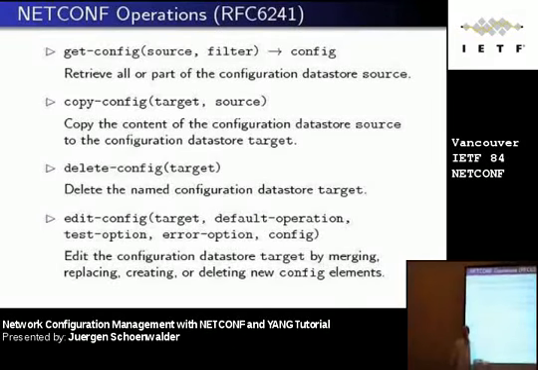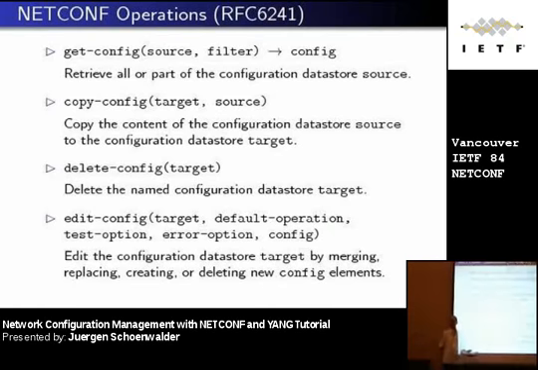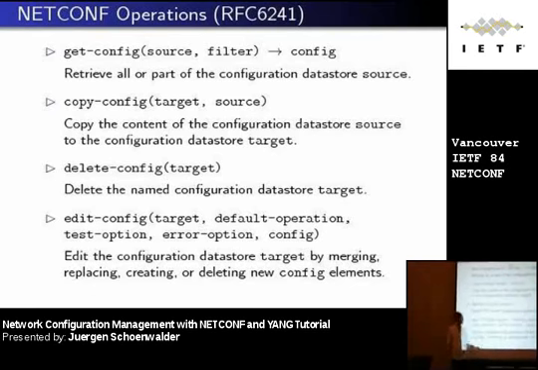then what should the device do? Either fail the whole transaction, or say, well, at least those changes that make sense I can apply. The other ones I report as failed, but I don't fail the whole transaction. You can have a long debate about what's the right behavior, and the outcome was you can specify which behavior makes sense in your specific situation.